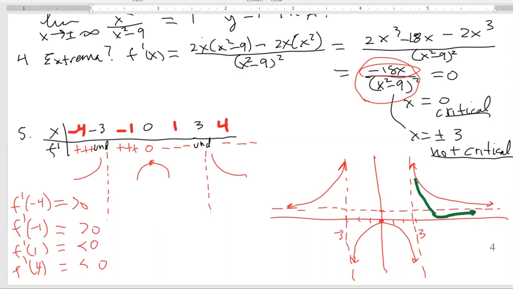That would require another minimum in here, which it doesn't have. We already saw the only critical number was right here, which gave us that relative max. So it can't do these things. It's got to do what it's doing here. We know that because we would have seen all the evidence otherwise. So that's all we need to do for that.